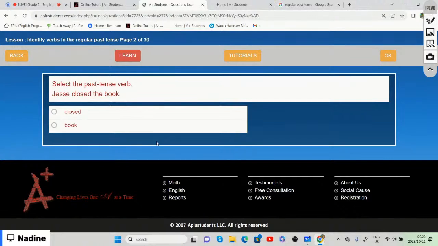Remember we said the verb that ends in an E, we just add D, or if the verb ends in any other letter other than E, we add an ED to show the regular past tense.